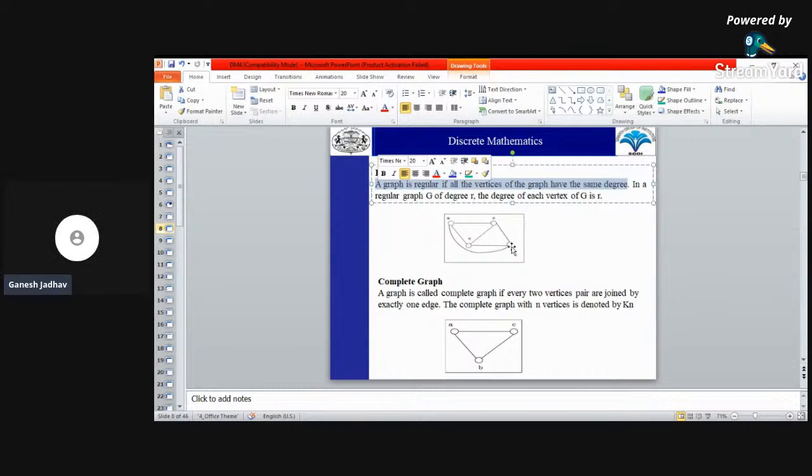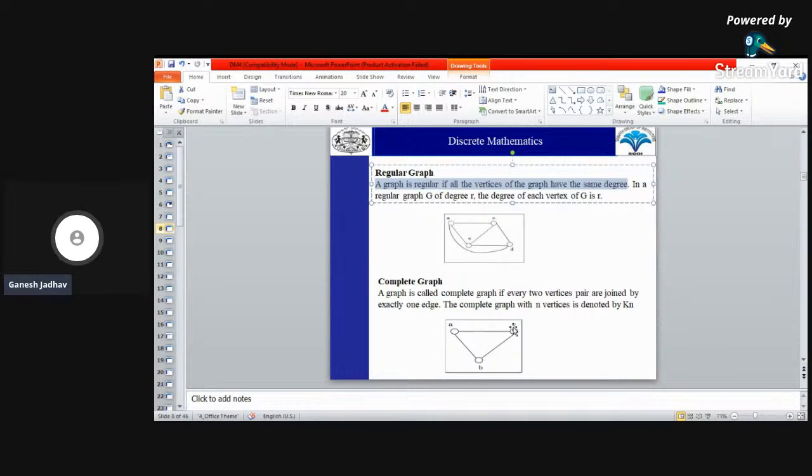Another one is the complete graph. So what is a complete graph? A graph is a complete graph if every pair of two vertices is joined by exactly one edge. Here is the connection between AC, between AB, between CB.